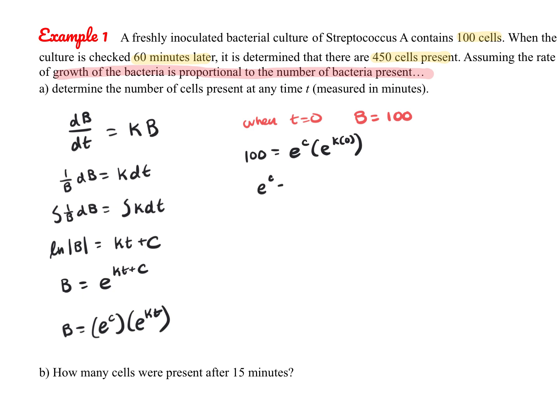So we see e to the power of c equals 100. And again, this is just a constant. So if I go back here and substitute that in, we have b equals 100 times e to the power of kt.